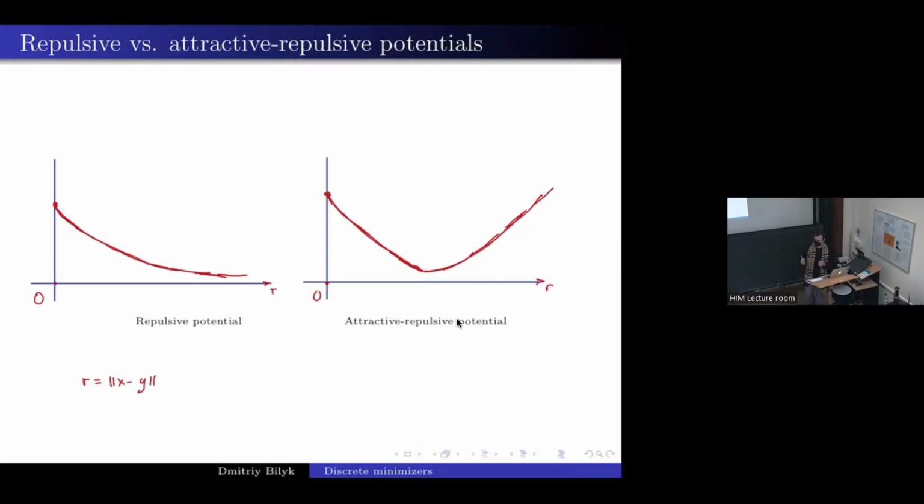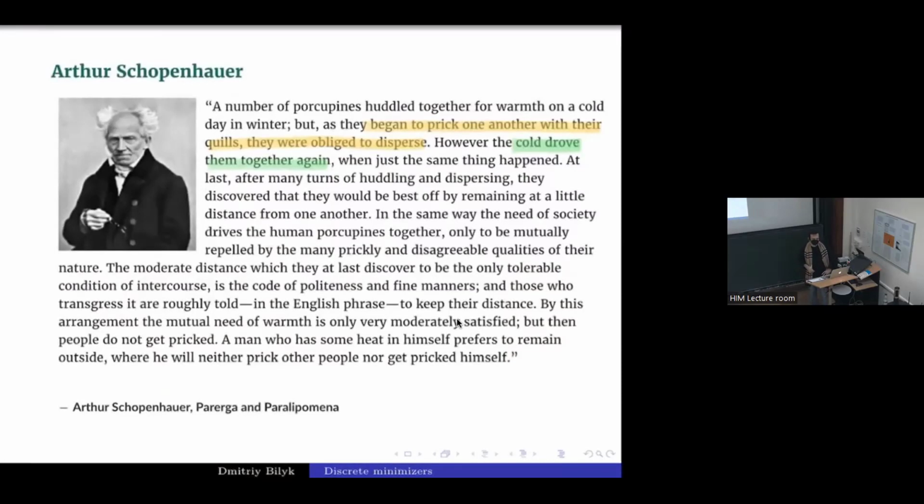So this encodes attraction and repulsion. And actually, yes, we're in Germany. This was discussed in a parable by Schopenhauer. This is about porcupines: when they were feeling too cold, they wanted to get close together, but then they started hurting each other with their needles, so they would need to separate.